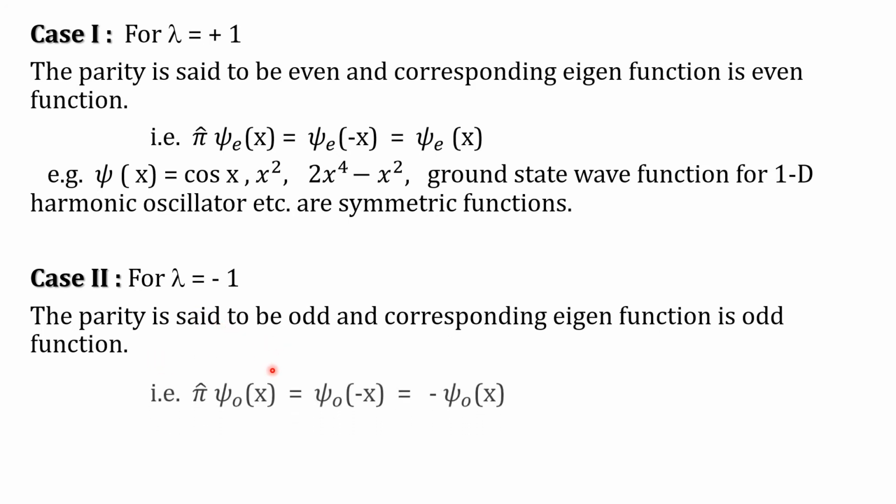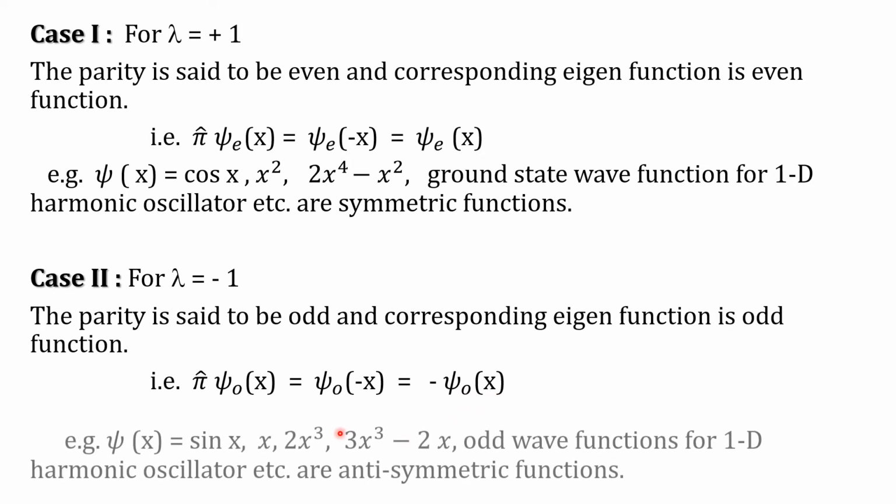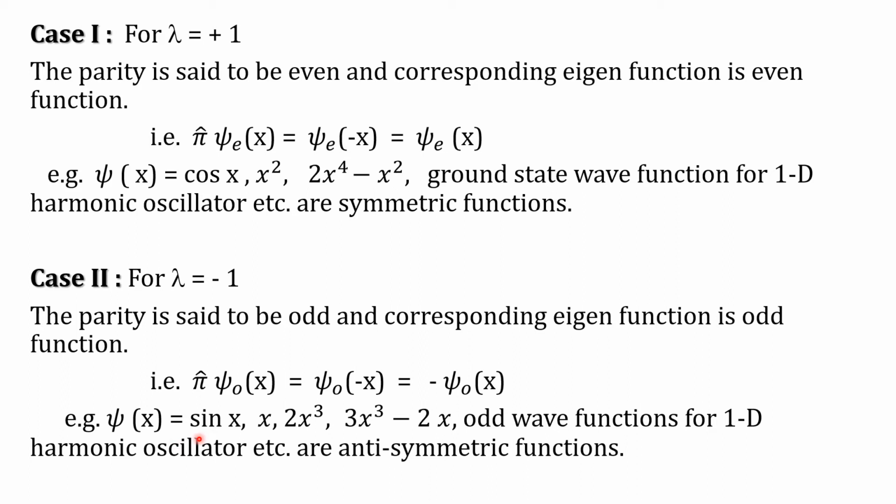It satisfies the condition that the parity operator operates on the odd function, hence ψ_odd(x) goes to ψ_odd(−x), but that ψ_odd(−x) is not like an even function, it is minus ψ_odd(x). For example, if we choose the odd function sin x, then sin(−x) is minus sin x.